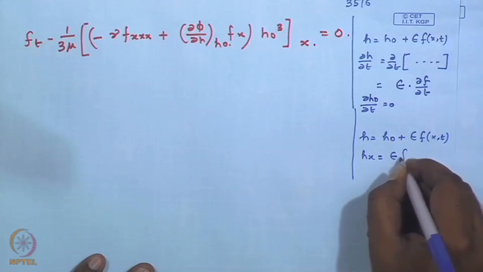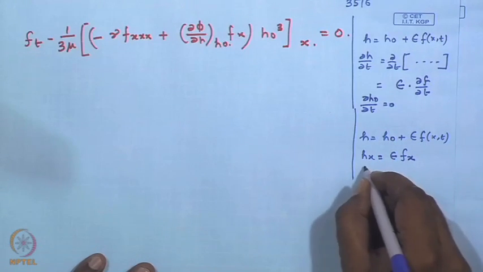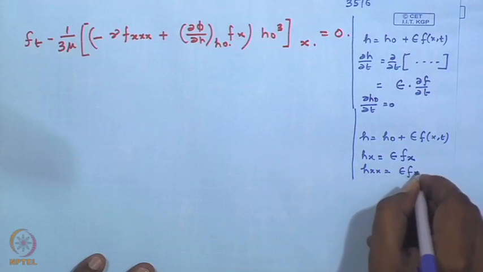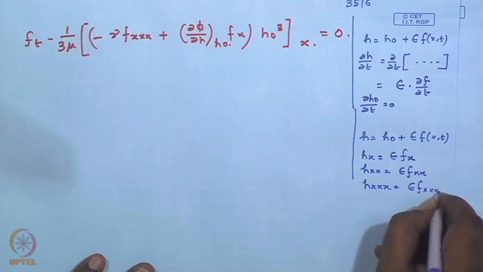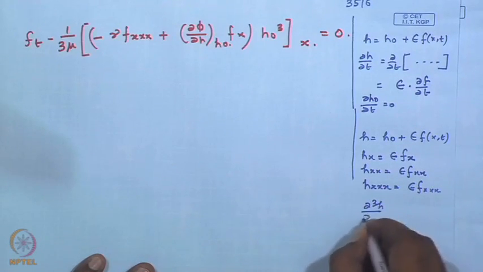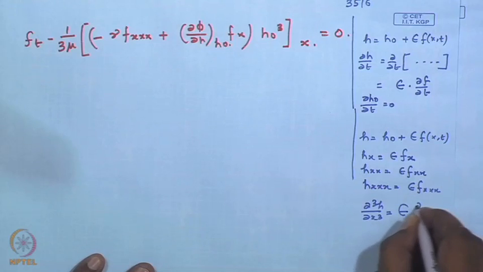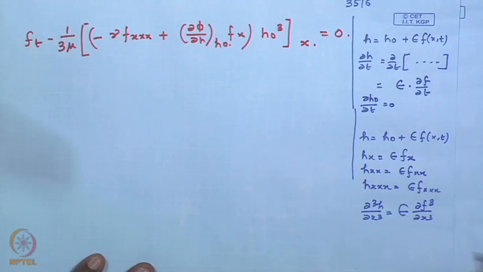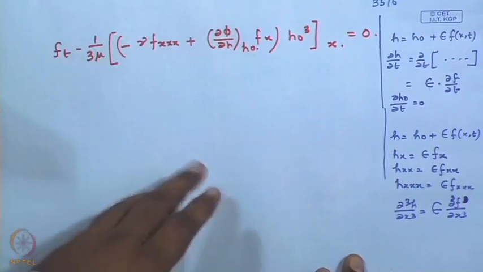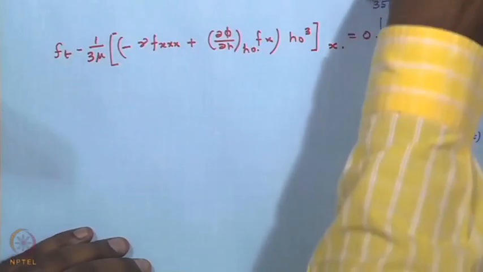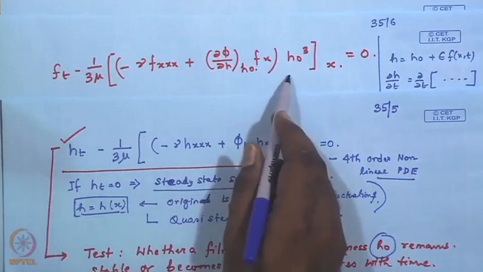What you get is epsilon f_x, because del H0 del x again is equal to 0. h_xx you get epsilon f_xx, h_xxx you get epsilon f_xxx, or in other words del 3 h del x cube, which is written in compact form as h_xxx, is epsilon del 3 f del x cube. So, that is how you convert this equation in terms of h into an equation in terms of f.